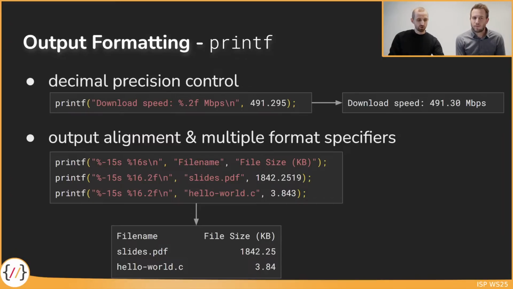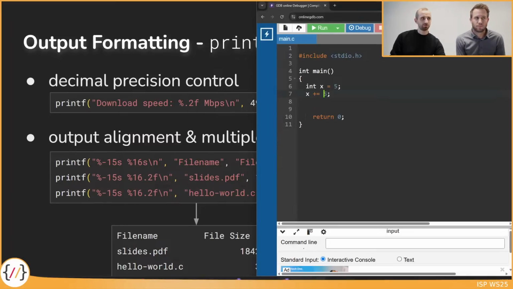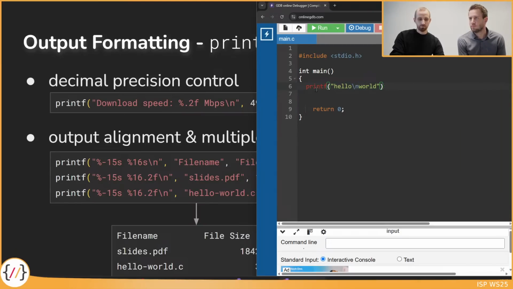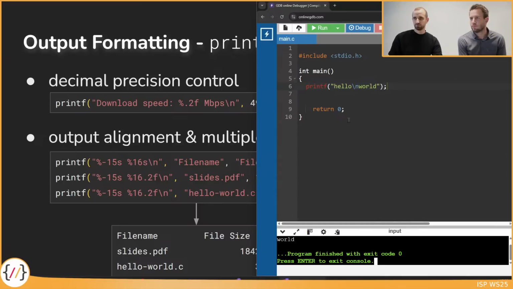But what I want to show you, because I just saw it in the chat, is if you have this printf hello and you have this new line inside, what this new line basically does is it creates a new line inside.